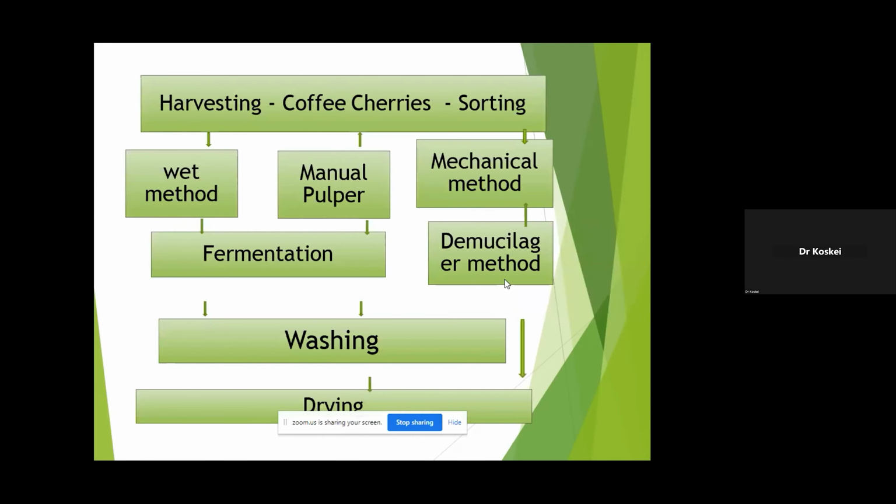This is the flow diagram of how the coffee cherries were processed, with two of the methods utilizing fermentation and the mechanical methods not utilizing fermentation. Then the coffee was washed and dried to the required moisture content.